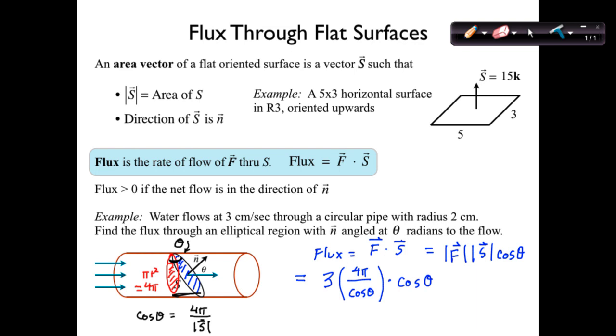That the angle doesn't matter. The cosine thetas go away, which means it doesn't matter how you angle that thing, you're going to get the same flux through it. And the flux is 12 pi centimeters cubed per second, because it's a flow rate.